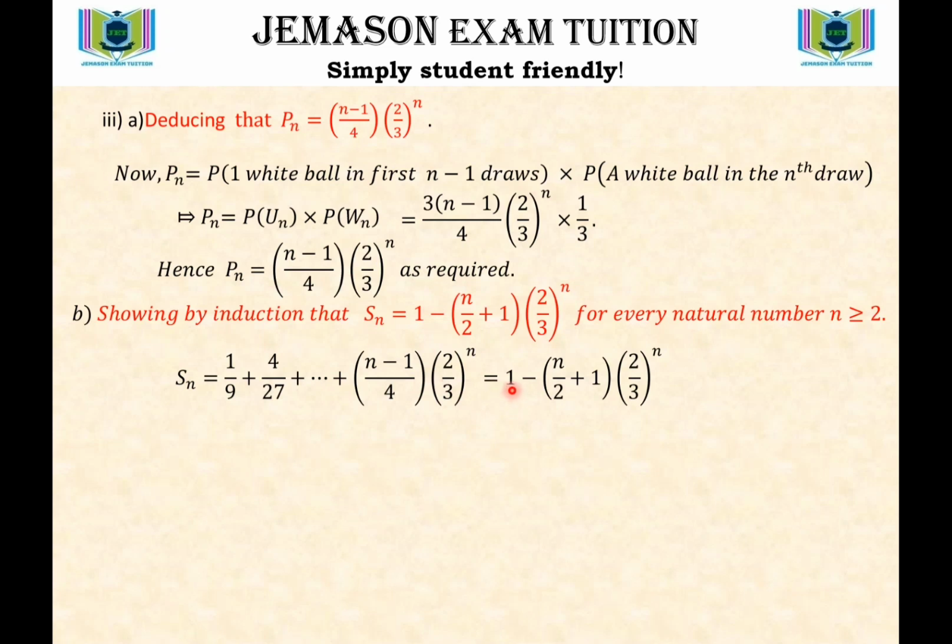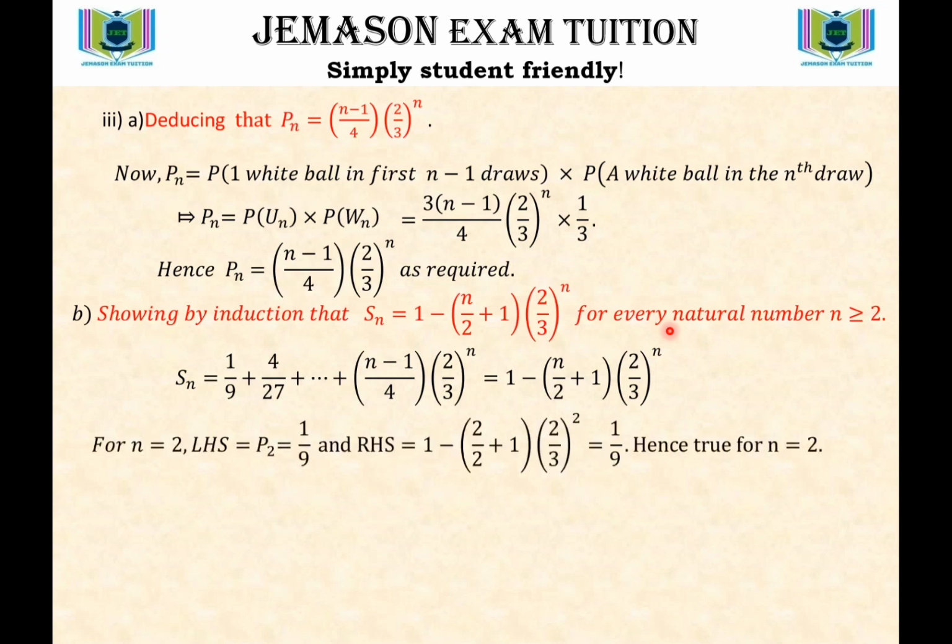And this is supposed to be equal to 1 minus (n/2 + 1) times (2/3)^n. To do proof by induction, we start with the base case, which is for n equals 2. When n is equal to 2, the left hand side just corresponds to P_2, which is 1/9, and the right hand side will be obtained by substituting n equals 2 in the formula for S_n.